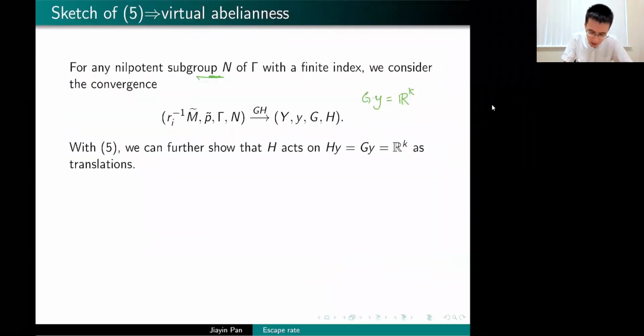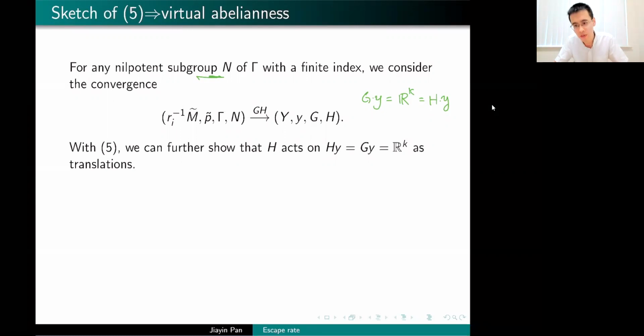Then because N has finite index inside gamma, you can show that H·Y is R^k as well. With a little bit more work, you can show that H always acts on H·Y as translations, pure translations on the Euclidean space.